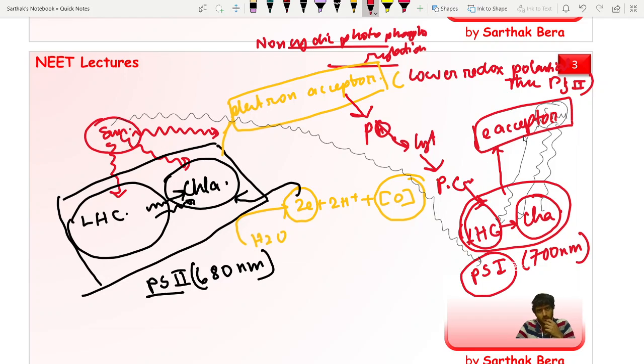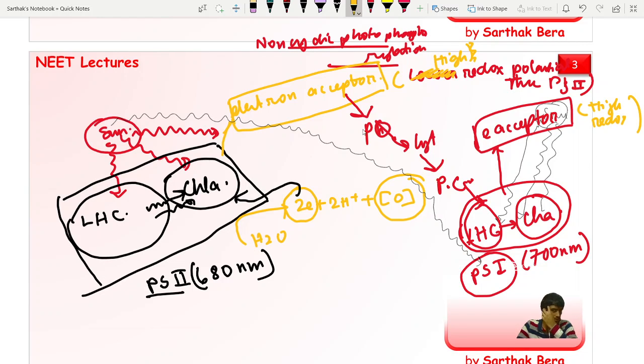Sorry, I have a mistake here. The redox potential is higher than photosystem 2, and the electron acceptor of photosystem 1 is also at a higher redox potential than photosystem 1.